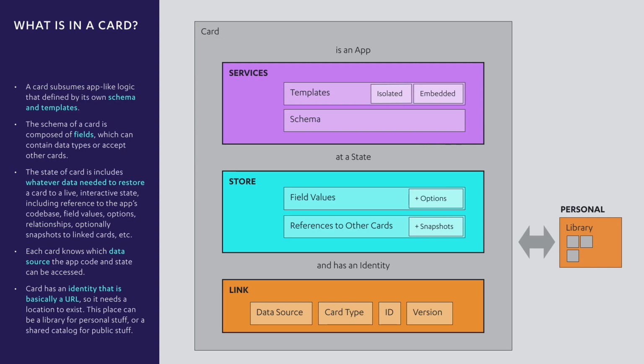Once you have a card, then you can say this card is in my library. It's almost like saving a file to your personal folder. But you can also say, you know what, I'm going to take this card or this set of template, schema, fields, relationships, and link and put it in the catalog. And that's where the world of managing your own files on your computer and interacting with websites and web applications and web platforms becomes a little bit different.